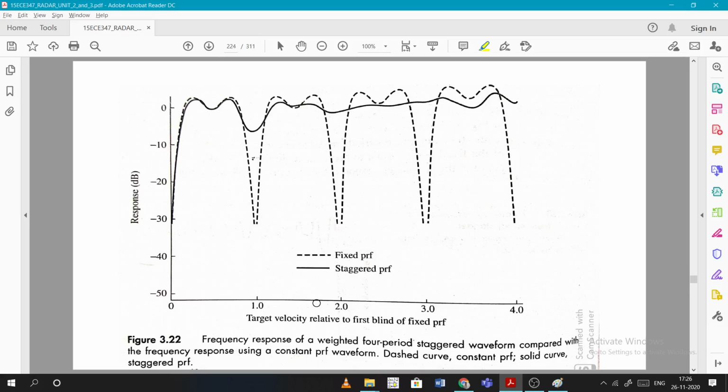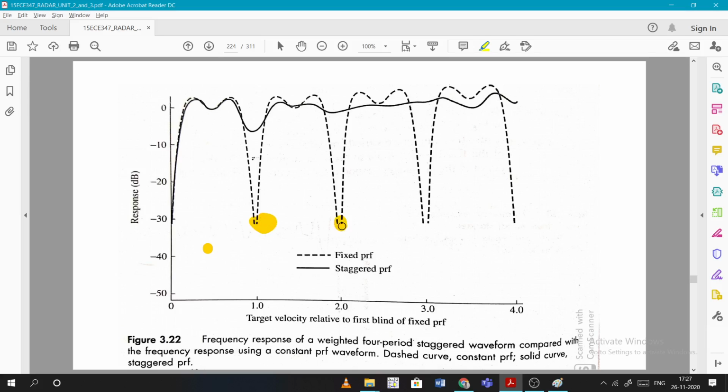And this is one more frequency response, of a weighted period staggered waveform, compared with the frequency response using constant PRF. The dashed curve is the constant PRF, and the solid curve is the staggered PRF. If you are using constant PRF, the response goes like this.